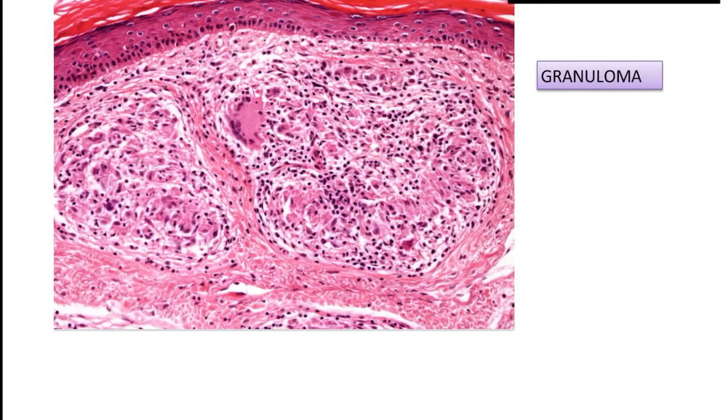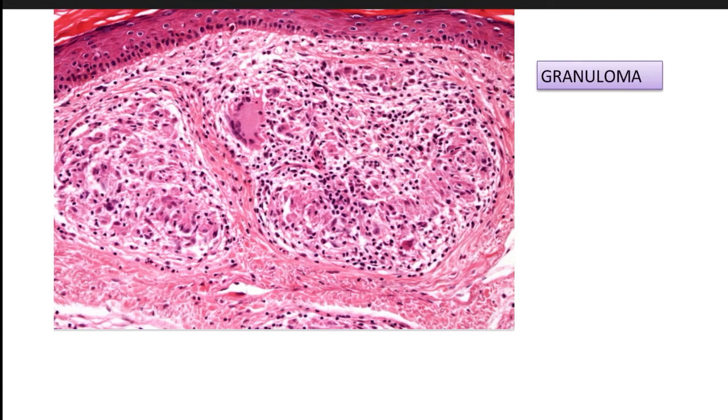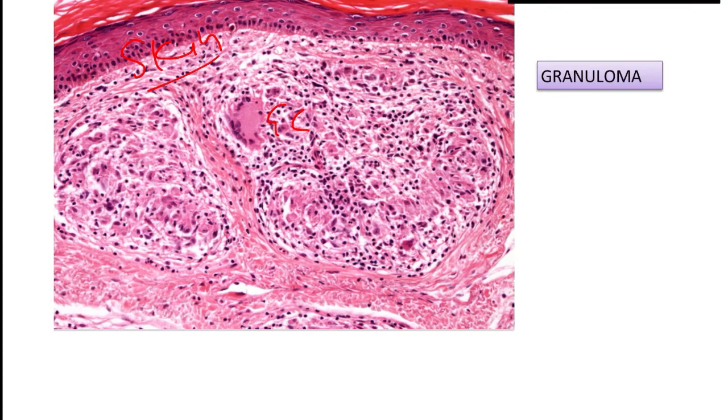In case of the tuberculoid leprosy, where cell-mediated immunity is quite preserved, we can see here a small granuloma, giant cells, all these things. Here is the skin, okay, and basically this infection spreads through the nerve.